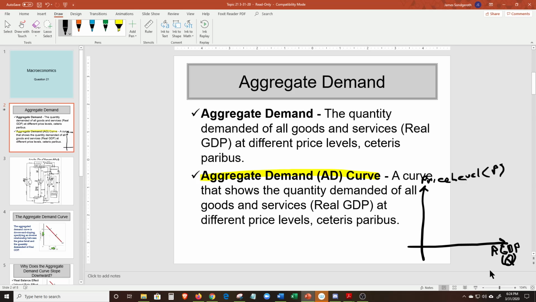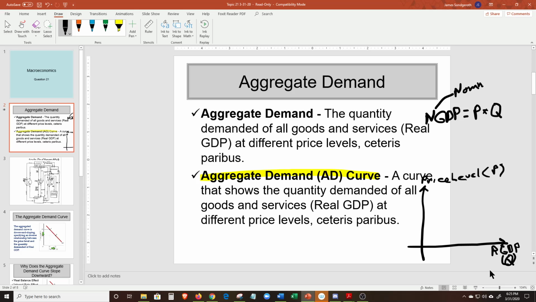Now it's interesting that earlier, when we defined GDP, I think in number 17, we said nominal GDP equaled the price level times real GDP. Okay, so really if you multiply these together, you get nominal GDP.